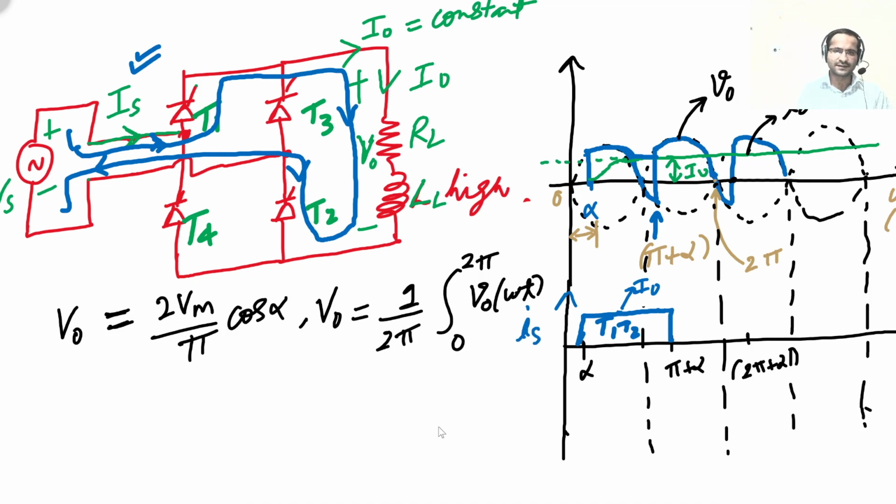Now if we consider the second cycle in which T3 and T4 conduct, we can analyze this case also. This is the reference source.